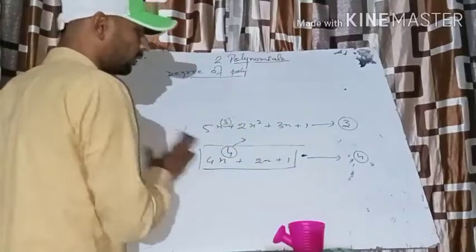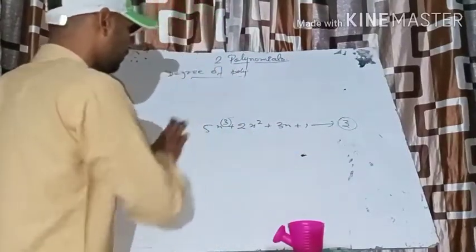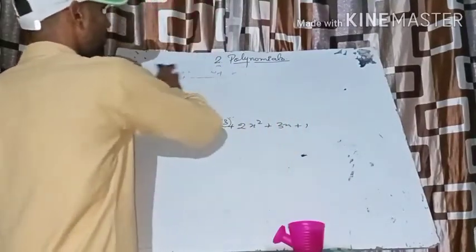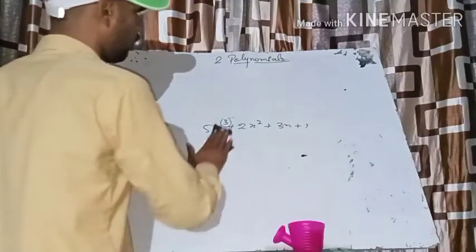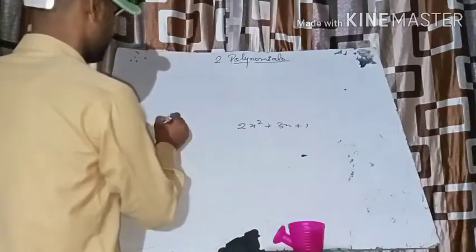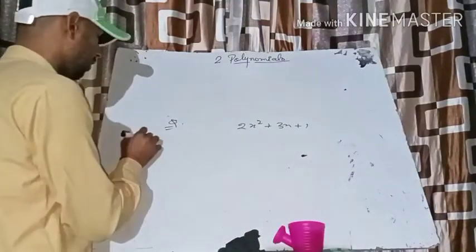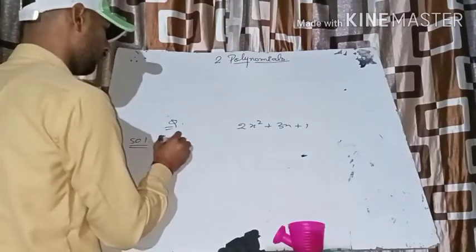Now, coefficient and constant term. Once again, let's remind ourselves of the coefficient and constant term from this example. If somebody asks you to write down the coefficient of x square, how will you solve this?